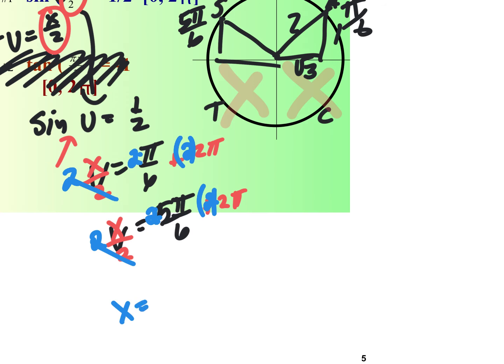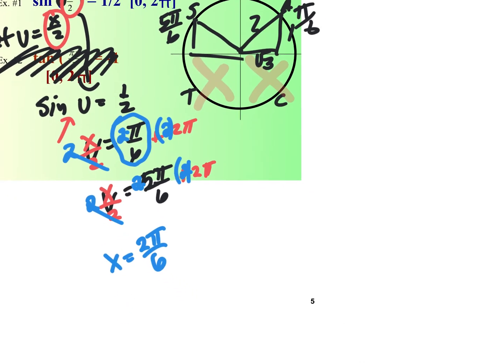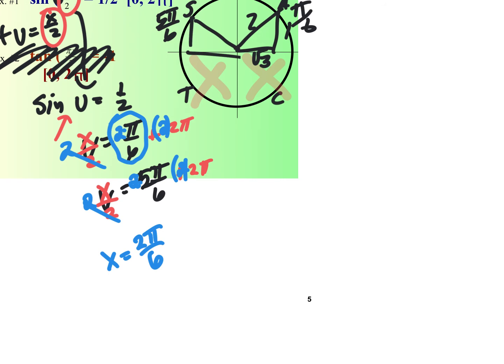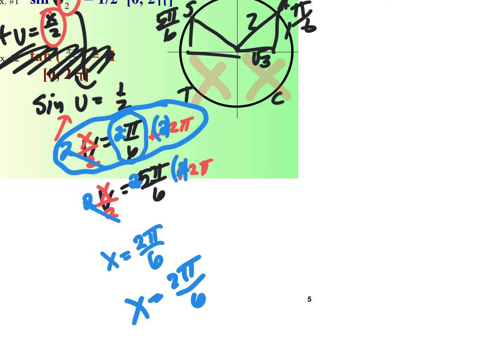The first answer is just this one, 2 pi over 6. I could leave that as 2 pi over 6. I think it might make your answers flow nicer. I know, we could reduce it, maybe later. And then we've got to do this answer where we add 2 times 2, which is 4 pi, to that.